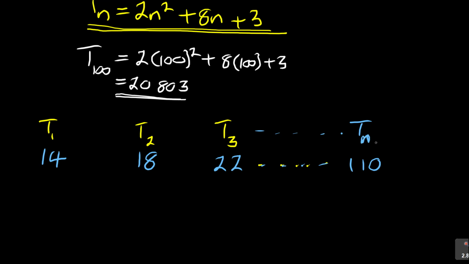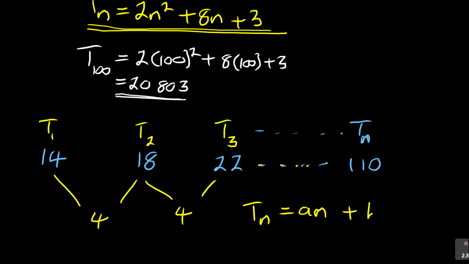We want that tn. But now you do the same thing that we've been doing, whereby you are growing this to say I've got 4. This is now a linear pattern. So this is a linear pattern, and as I said, tn is equal to an plus b. And in a linear pattern, I told you that the first difference is equal to a.